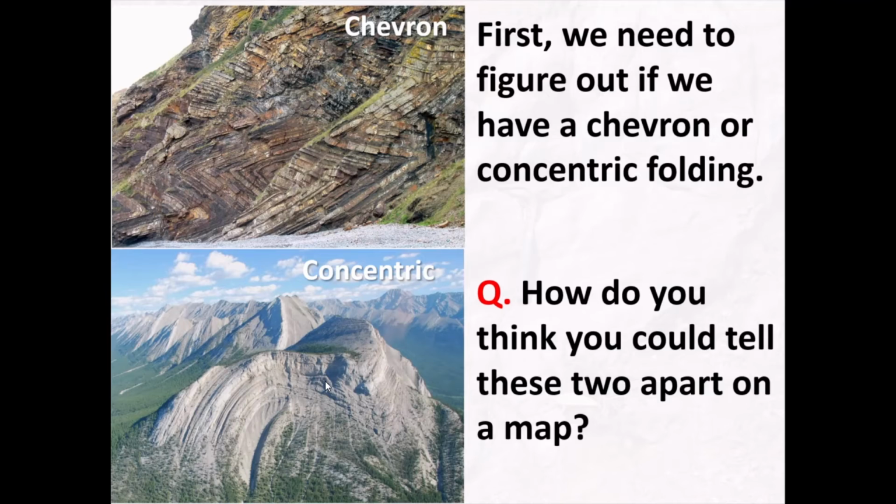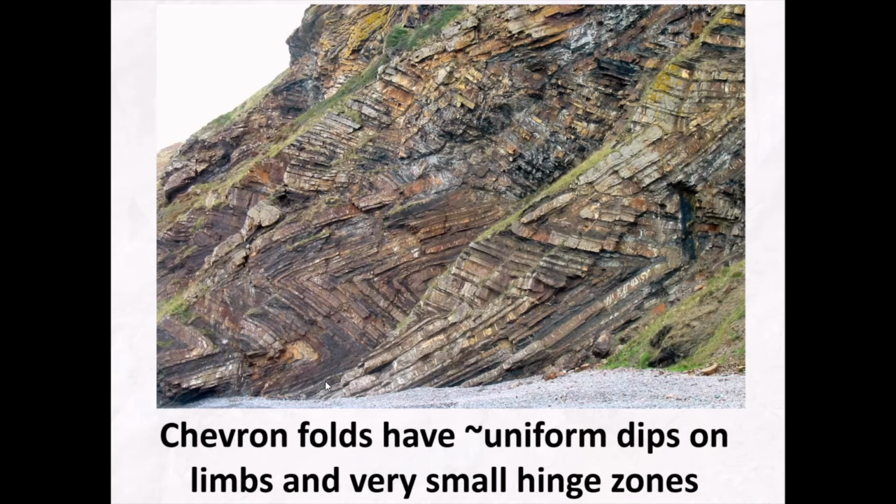So ask yourselves, how do you think you could tell these two types of fold apart on a map? Well, chevron folds have uniform dips on the limbs and a very small hinge zone, so a very small area where you'd go from one dip and transform into the other dip.